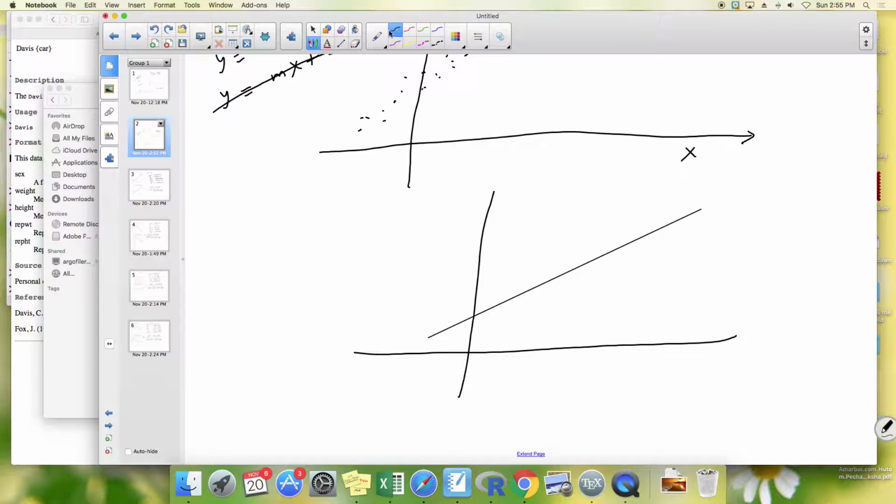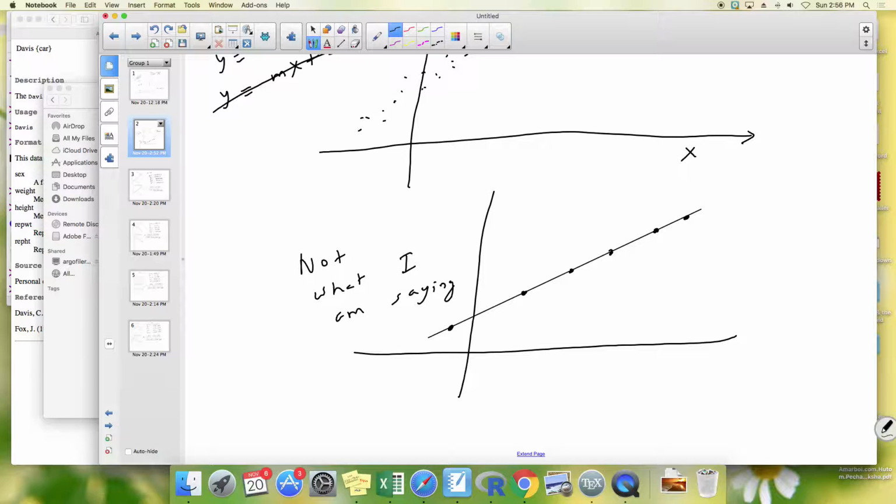I'm not saying that the points are exactly fitting on a line. This is not what I am saying. If such a thing happens, then that's extraordinary.